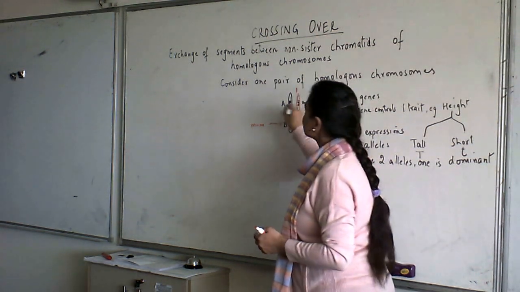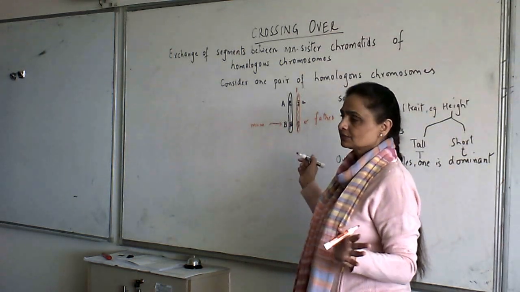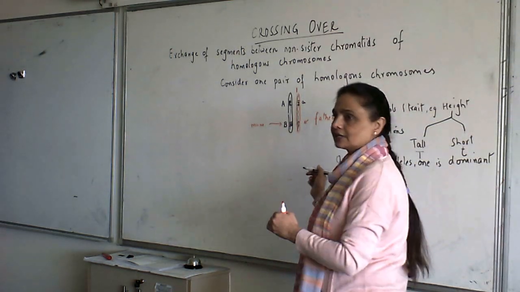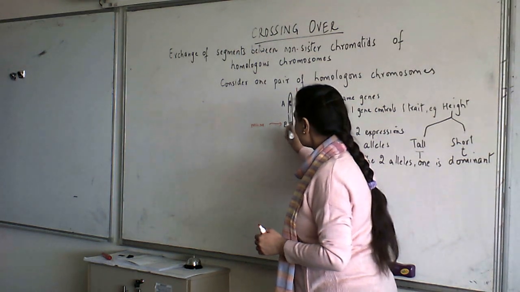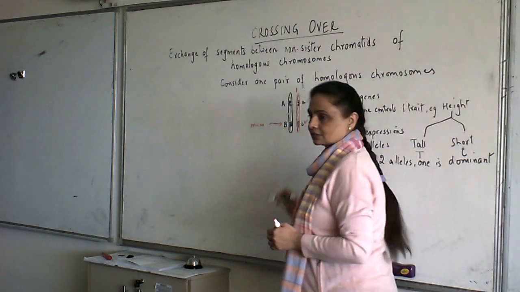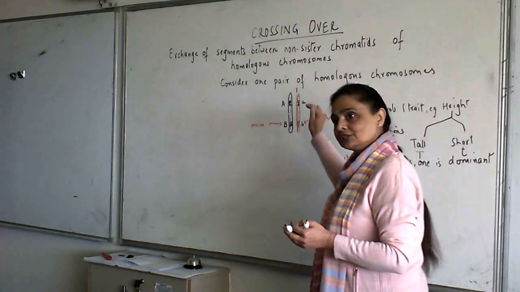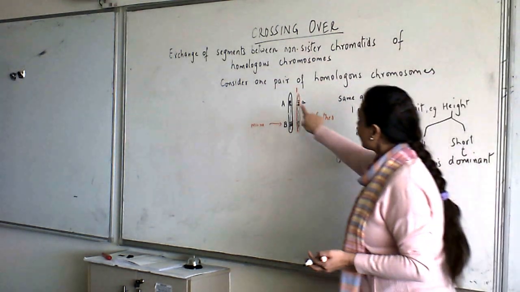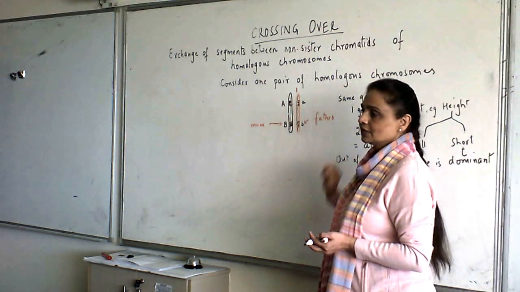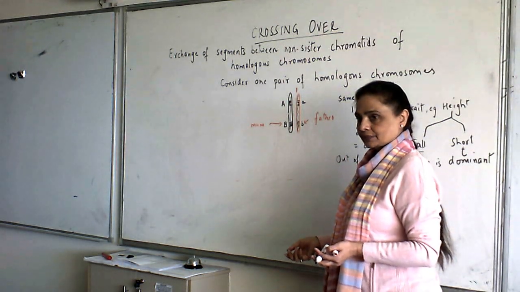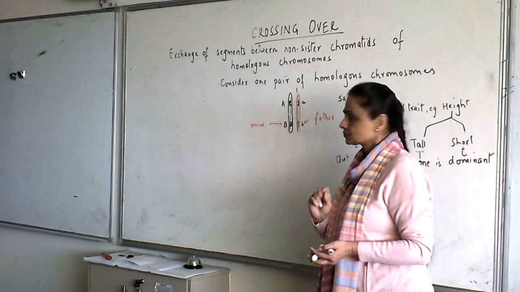We could have put a big T and small t here as well. Doesn't really matter, give any sign. But if it's a B here, it has to be a B here, because the genes are the same. Okay? So this is how it works. We could have the same ones, we could have different alleles, because we've got two of them.